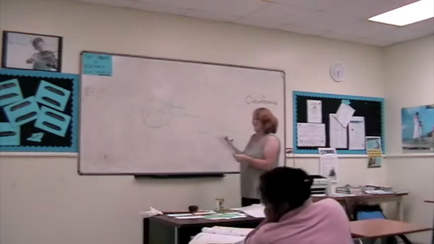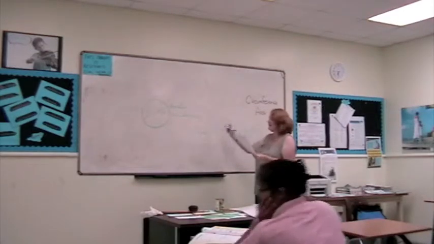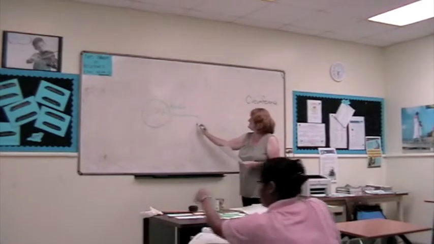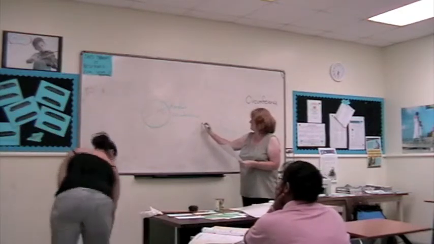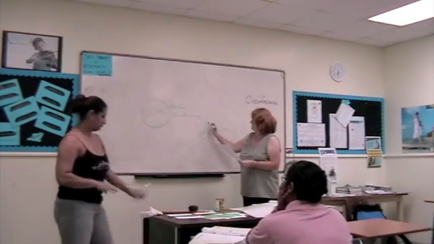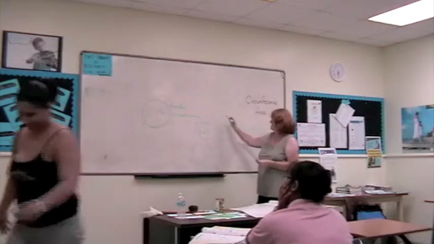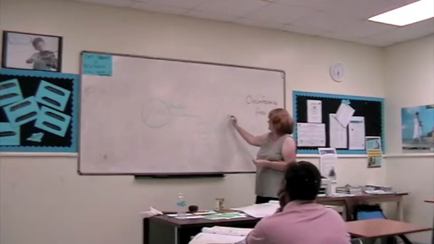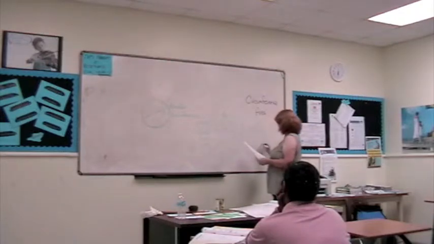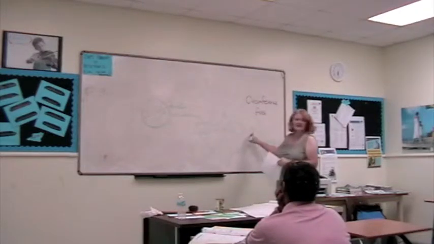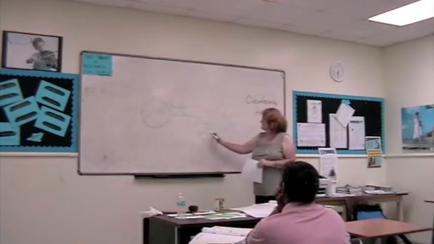I'm going to tell you that the circumference of these circles, this one is 31.419, this one is 94.2478, and this one is 157.0796. So these are the diameters, and these are the circumferences.